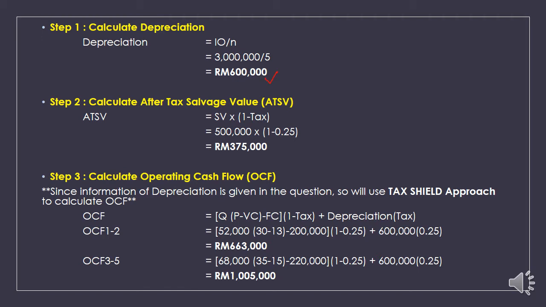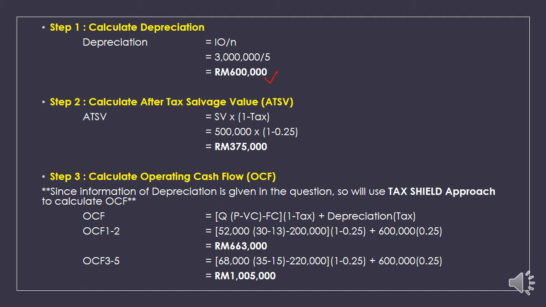And then based on step number 2, we can calculate the after tax salvage value, which is ATSV. To calculate ATSV, the formula equals salvage value times 1 minus tax. Based on the information, the salvage value, or before tax salvage value, is RM 500,000.